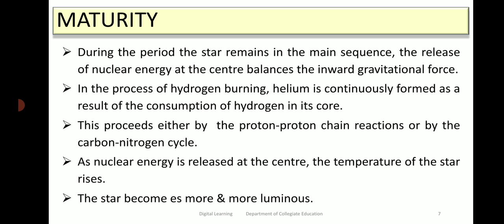This proceeds either by the proton-proton chain reactions or by the carbon-nitrogen cycle. As nuclear energy is released at the center, the temperature of the star rises. The star becomes more and more luminous.